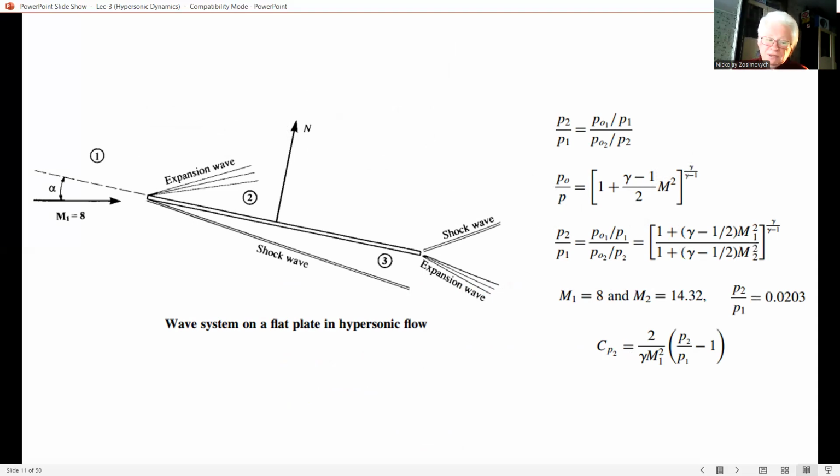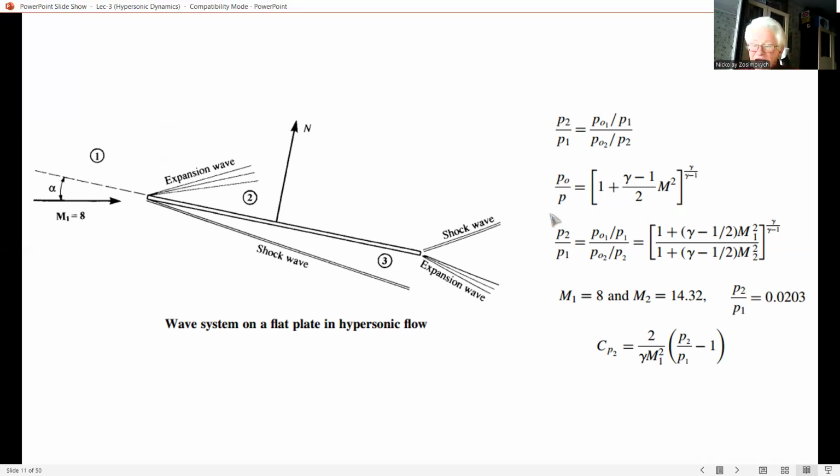You may find this in some publication, and that generally gives us this expression: p0 over p proportional to the parentheses raised to gamma over gamma minus 1.